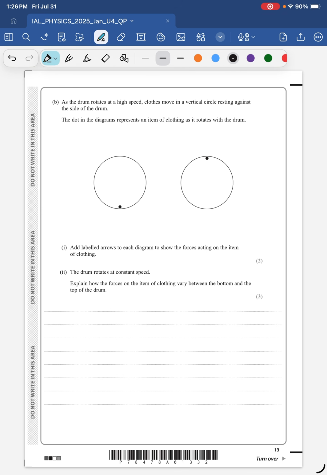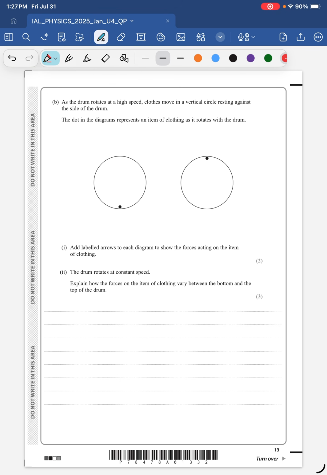Part B. As the drum rotates at a high speed, clothes move in a vertical circle resting against the side of the drum. The dot in the diagram represents an item of clothing as it rotates with the drum. Add label arrows to each diagram to show the forces acting on the item of clothing.